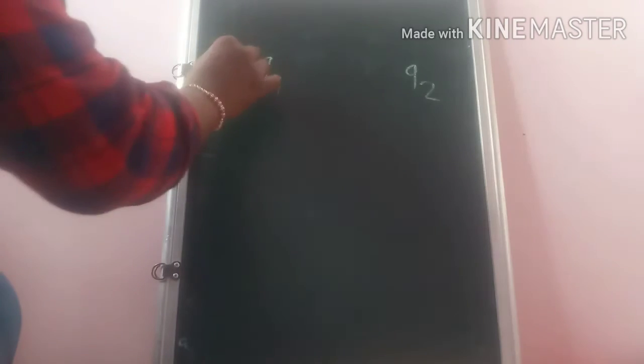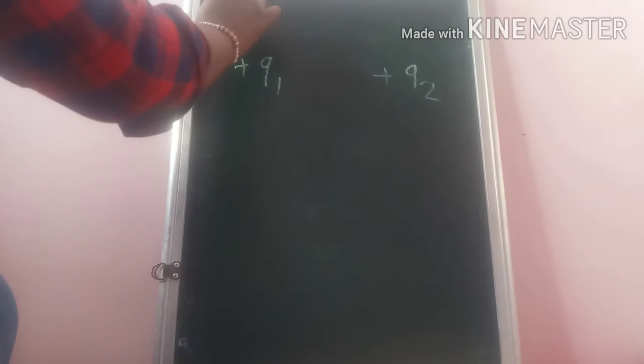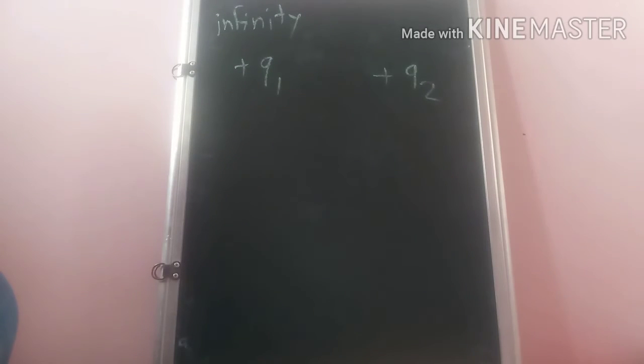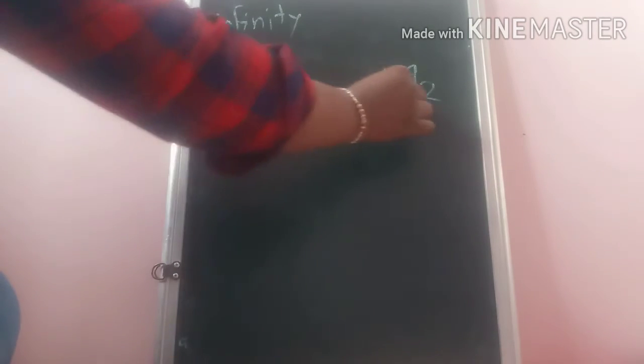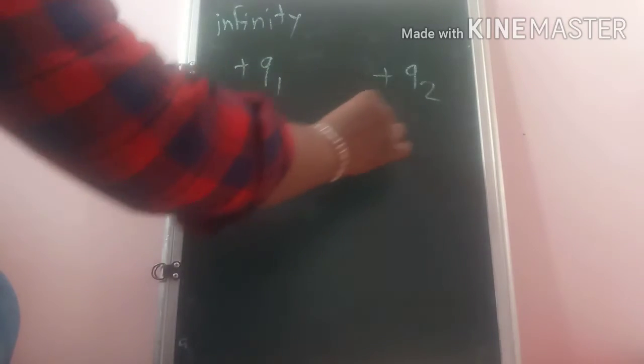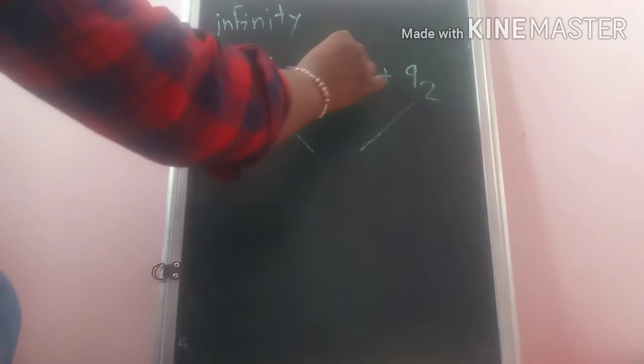Suppose Q1 and Q2 are two like charges, both positive, located at infinity. These like charges are brought close to each other.